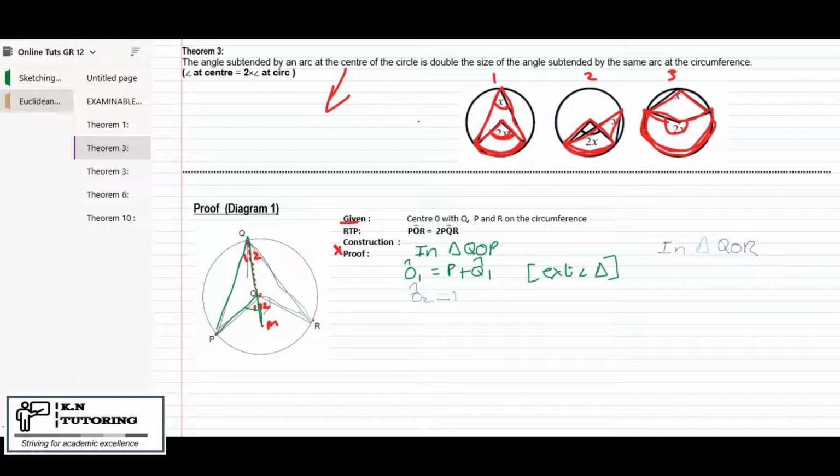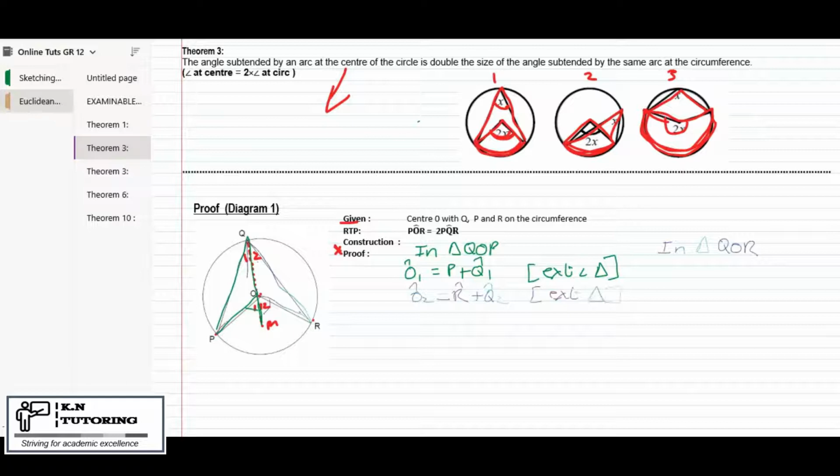It's equal to R plus Q2. Okay, we're gonna have the same reasoning there: exterior angle of a triangle.